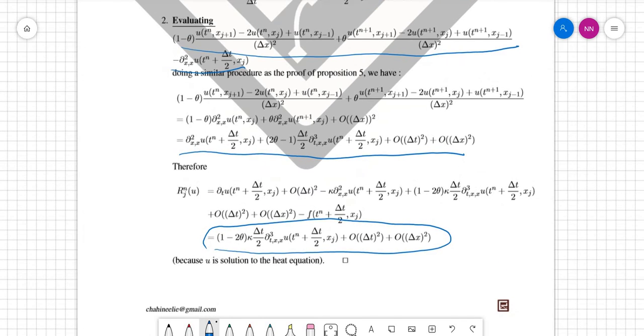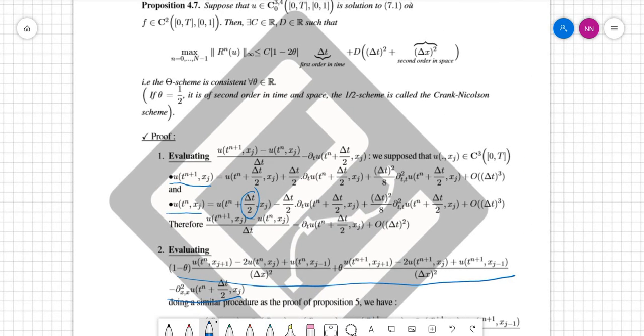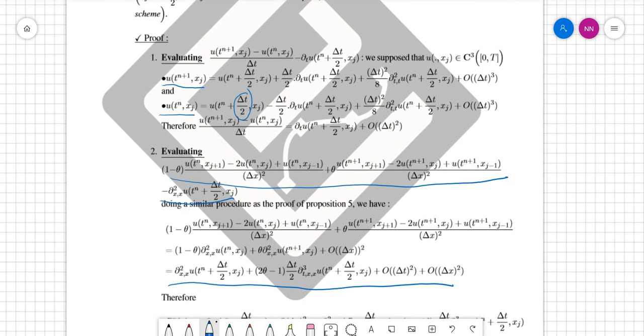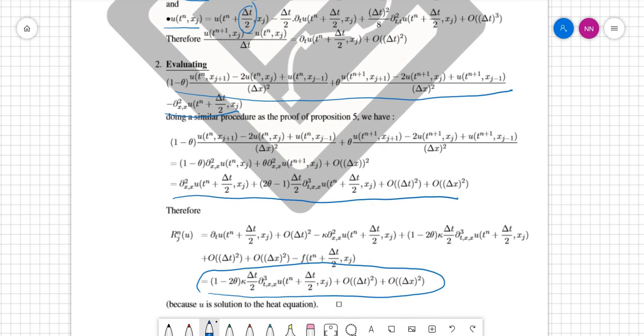So I want you to do this proof alone, to prove that the consistency error in this case is bounded by this term, which is second order in time, second order in space, plus a term first order in time multiplied by 1 minus 2 theta. So it depends on the choice of theta to know what order we are dealing with. Okay, so this is about this chapter. Hope it's all clear, and we'll see you in the next videos.